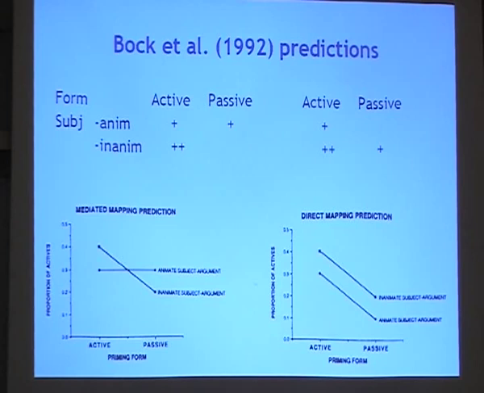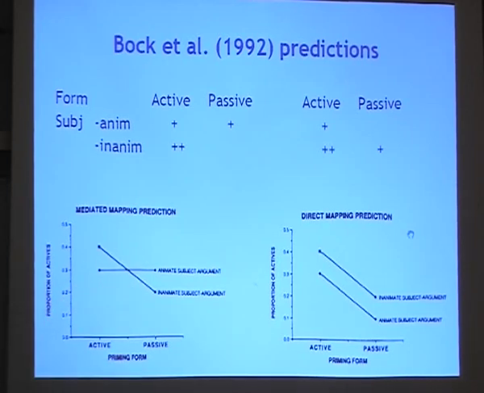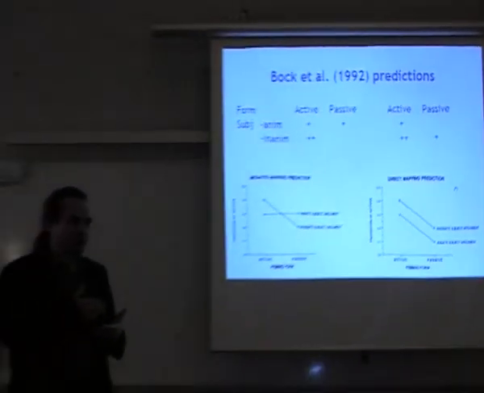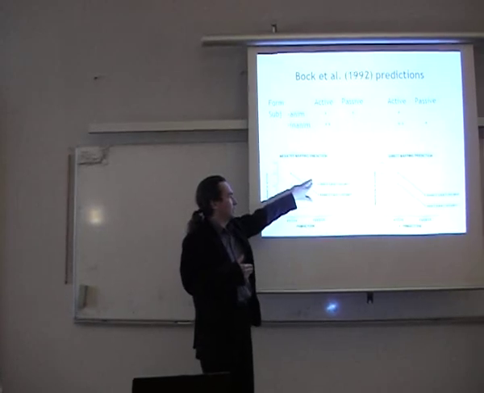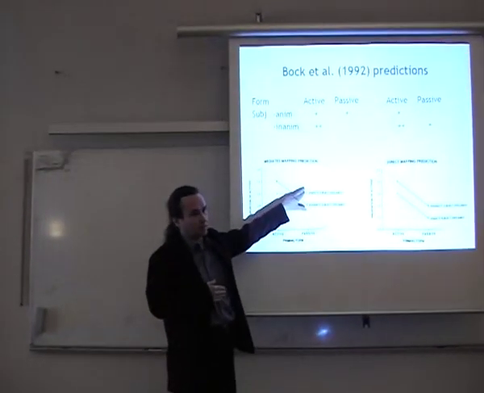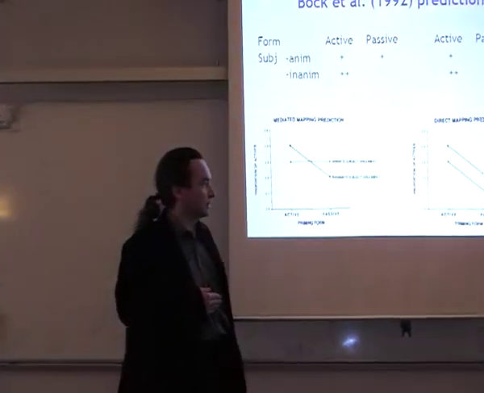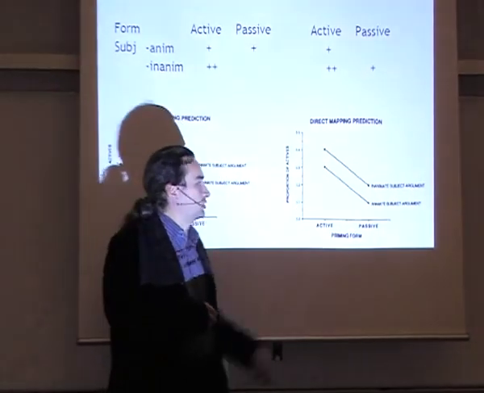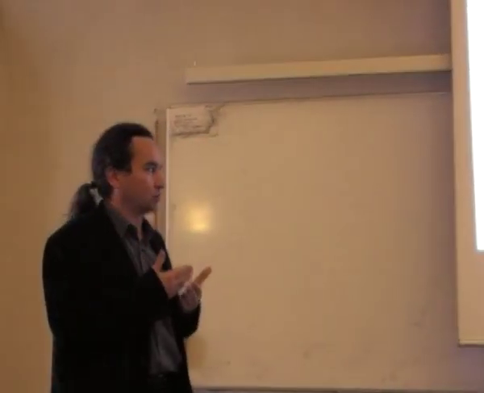It would share the animacy of the agent. Therefore, this approach would expect that the proportion of active descriptions of these pictures after passive primes will be larger after passive primes with animate surface subjects than with inanimate surface subjects. But in the direct mapping approach, there is nothing of this sort expected.